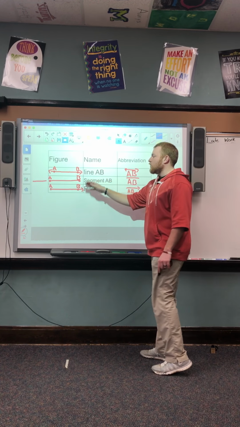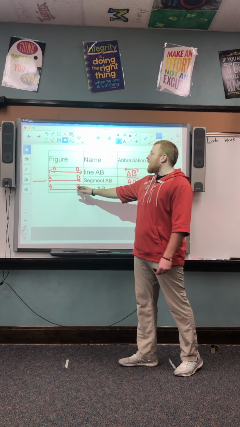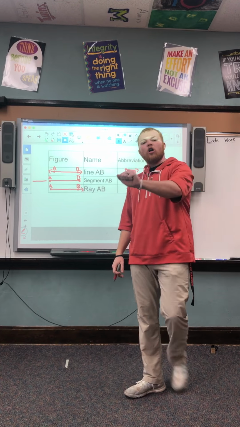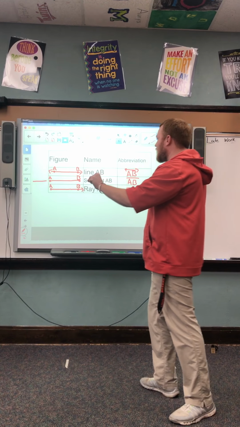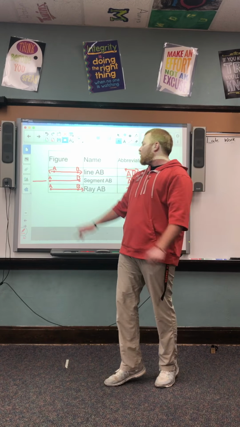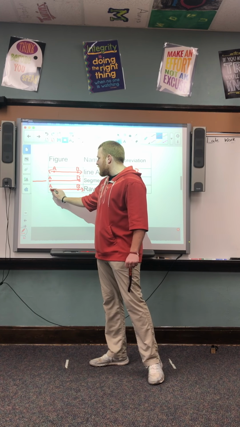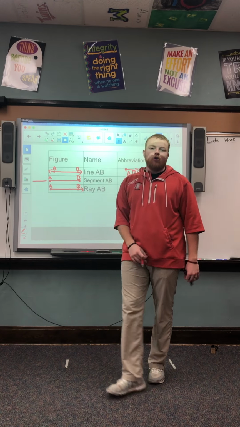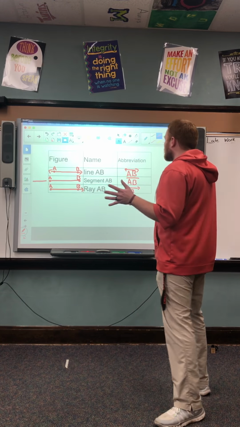And then the last one is a ray. Now remember, a ray has a starting point, a set point, and then it continues on infinitely. So it has a solid point here, then your segment, and then it ends in an arrow. That's a ray.